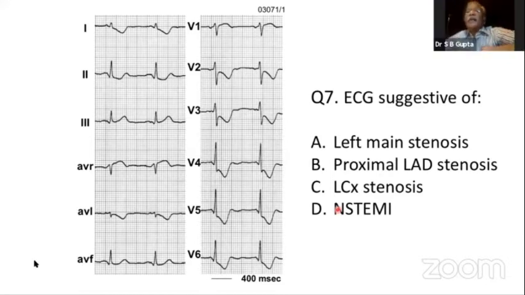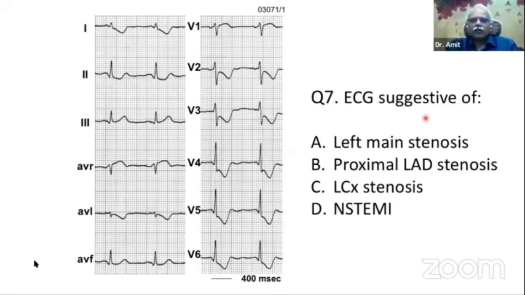Dr. Amit, I think this patient must have presented with chest pain. I do not know whether he's hemodynamically stable or not. But this ECG is showing what you have mentioned, generalized ST depression and T-wave inversion.